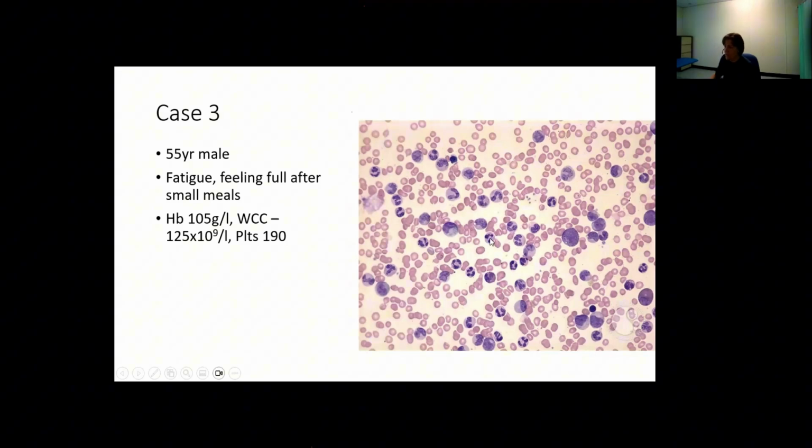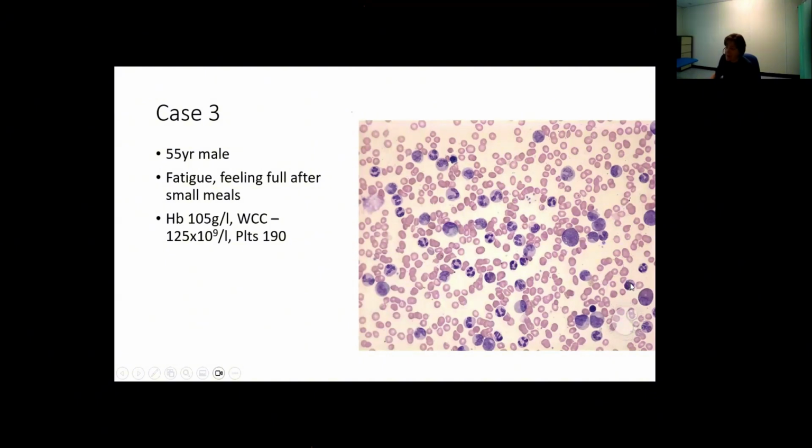So you've got lots of neutrophils, but you've also got band forms. You've got the metamyelocytes and some myelocytes here. You've even got probably a promyelocyte, but you're going to have to take my word for it that some of these have got basophilic granules in them. This one here is actually a basophil. I can see it clearly on my screen, but it may not be projecting terribly well.